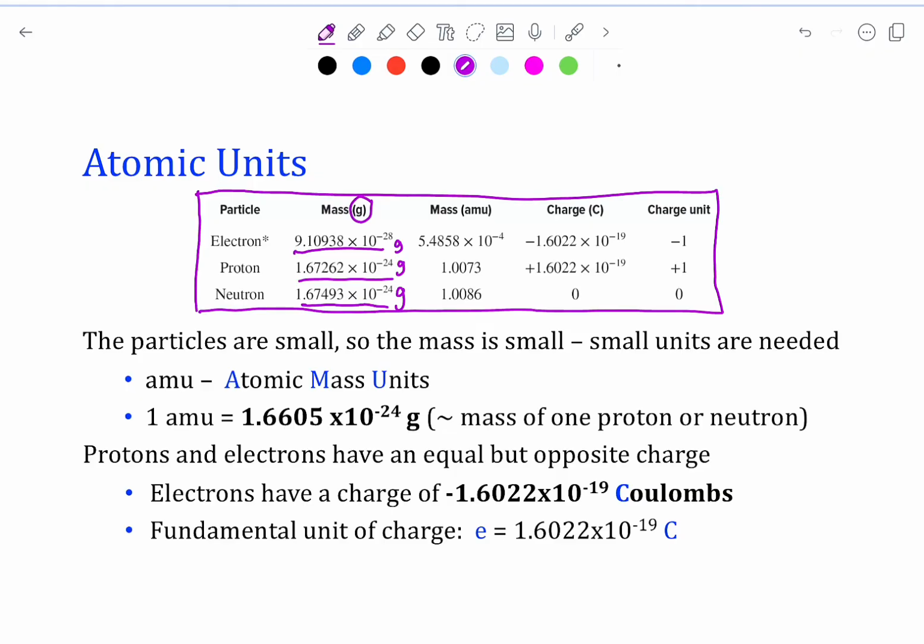So we have atomic mass units, or AMUs. When a particle is so small, it has a small mass, so we need small units to accommodate that. And that's where we get the atomic mass unit, which we denote by AMU. So our next column here shows us our masses of each of these in AMUs.